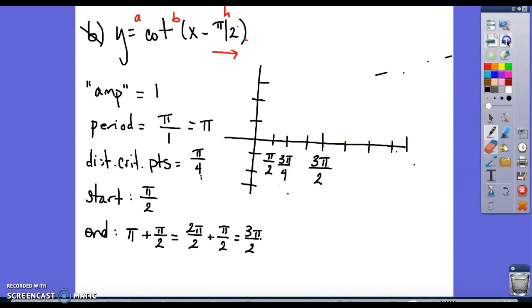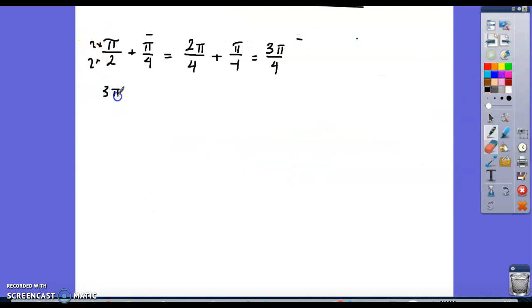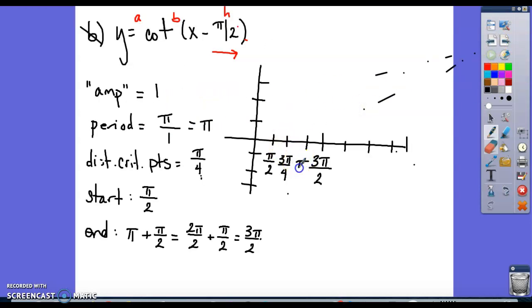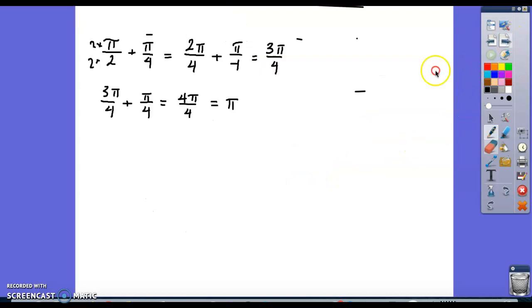Okay, plus, right, 3 pi over 4 plus pi over 4 is 4 pi over 4, which simplifies to pi. Okay, pi over 4.